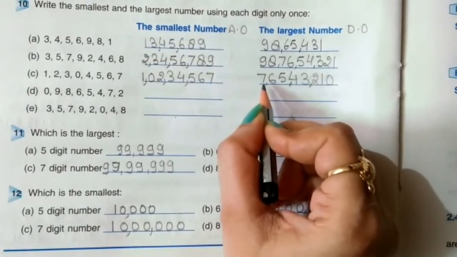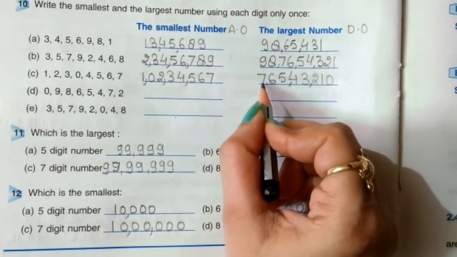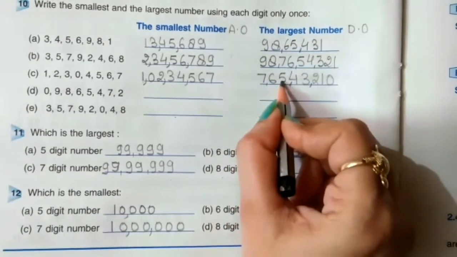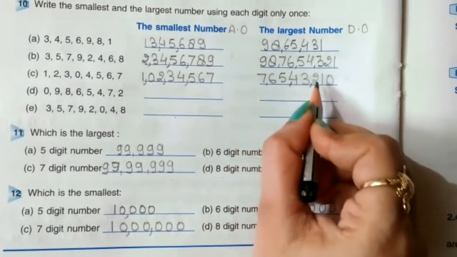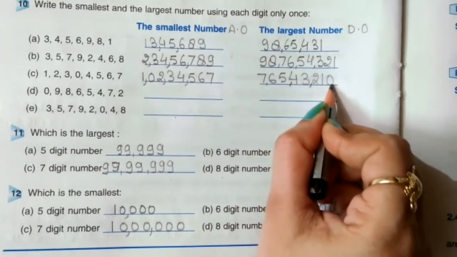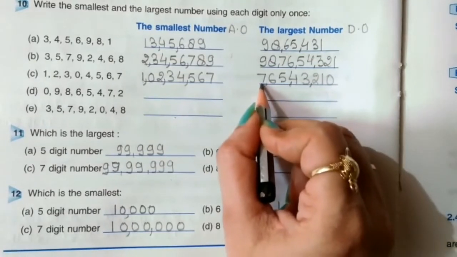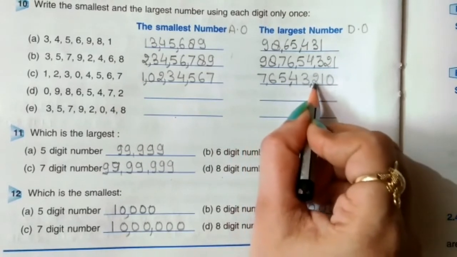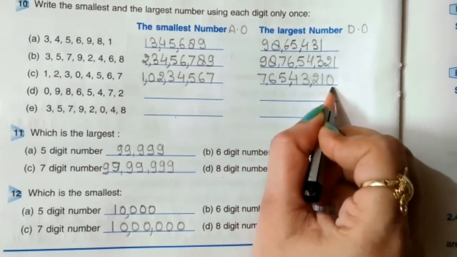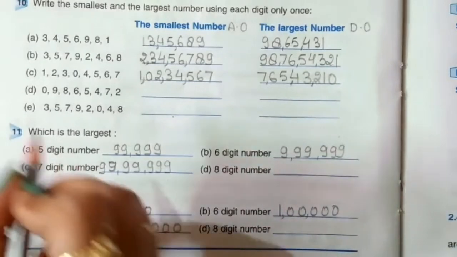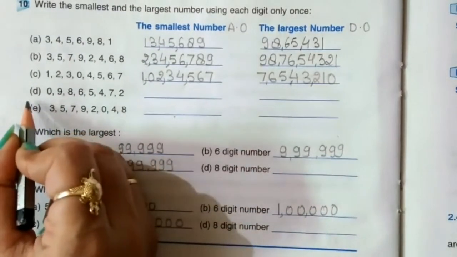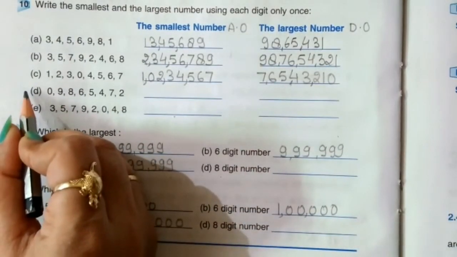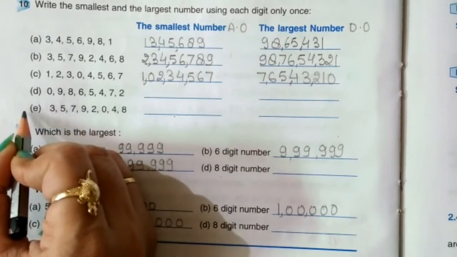Firstly, we will write the highest digit, that is 7. Then 6, 5, 4, 3, 2, 1, 0. 7 crore 65 lakh 43,210. Similarly, you will do D and E by yourself.